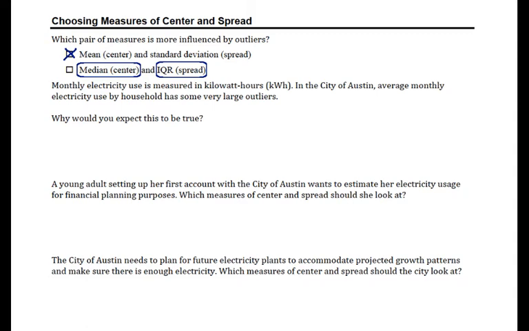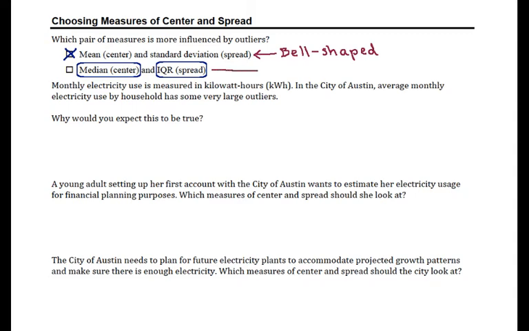Another fairly common criterion is if our distribution is bell-shaped. If it's truly bell-shaped, it probably doesn't have any outliers, and so maybe that question wouldn't come up as much. If we have a bell-shaped distribution, the mean and standard deviation are very commonly used to describe the center and the spread.